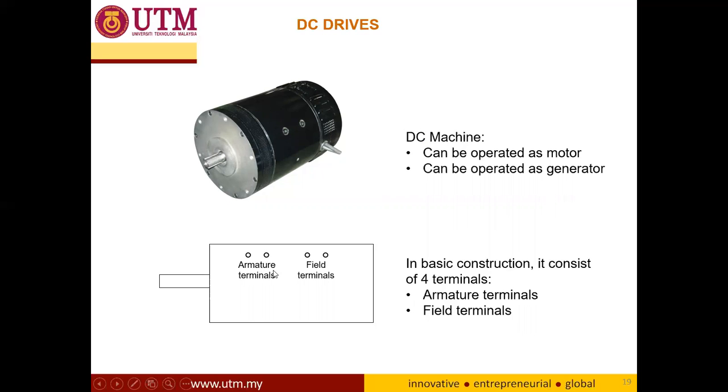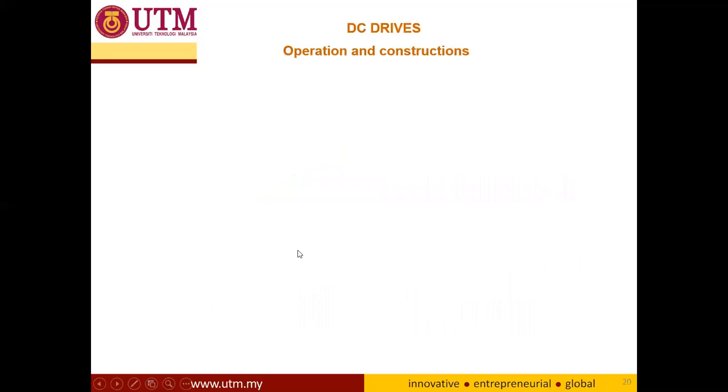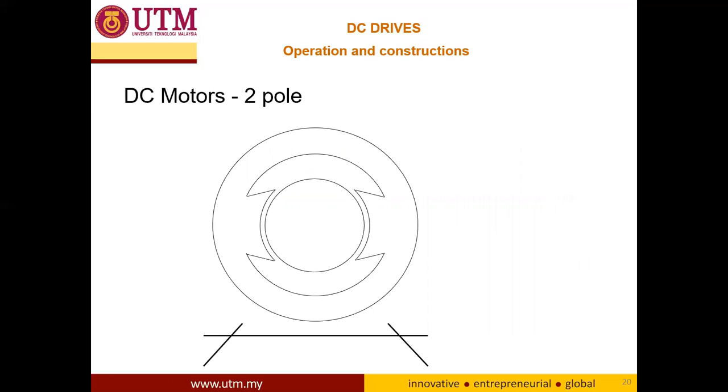The armature is the rotor part, and the field terminal is the stator part. This is the structure of a DC motor which has two poles, north and south, meaning the pole pair is one. We have the stator and rotor; the stator we call the field, while the rotor we call the armature.